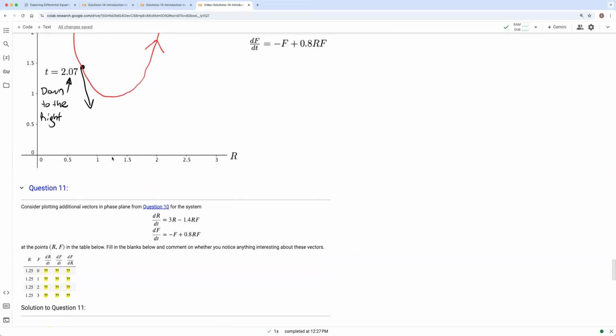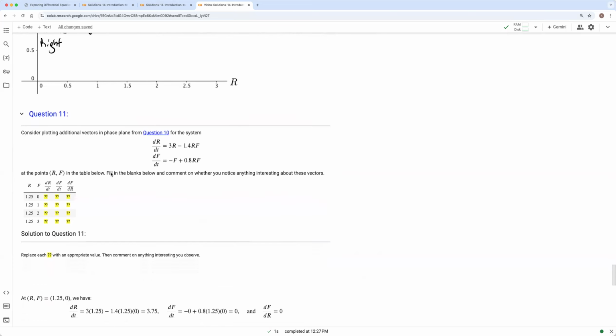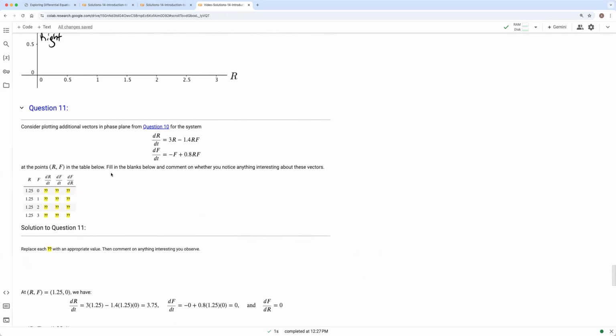And we can consider what the slopes that I would want to draw at f equals 0, 1, 2, and 3 would look like. So we can do the same sort of calculation at 1.25, 0. I can plug this into the differential equation for dr dt and df dt and calculate the corresponding slopes. And so I get dr dt in this case is positive, so I'm moving to the right.